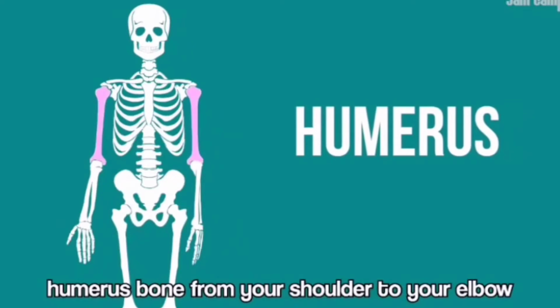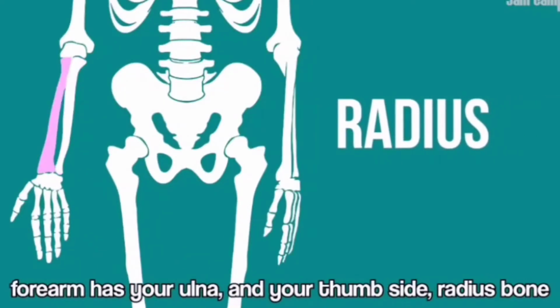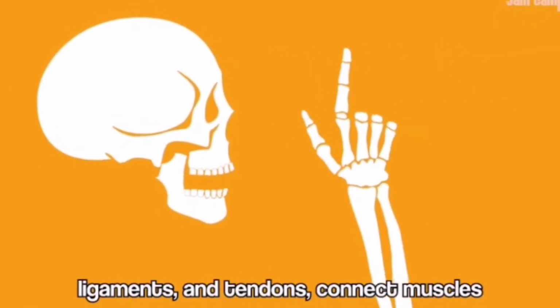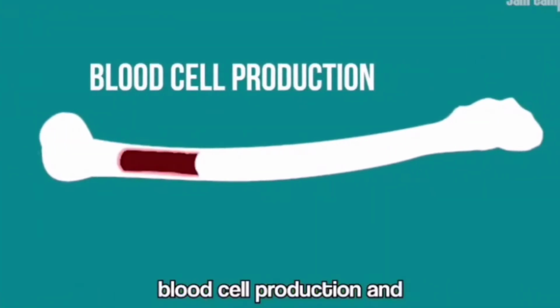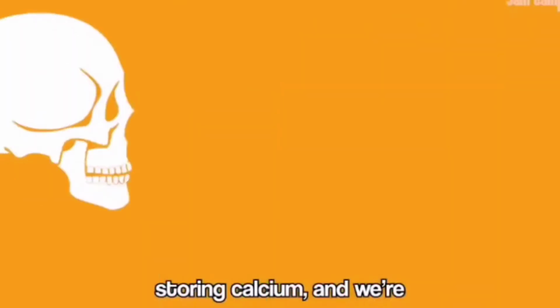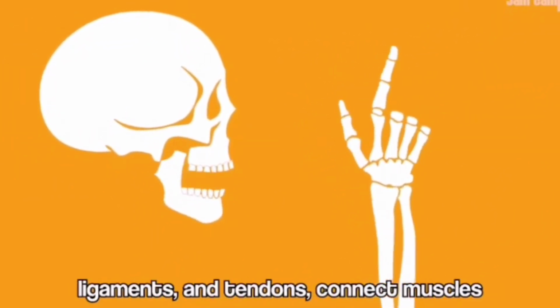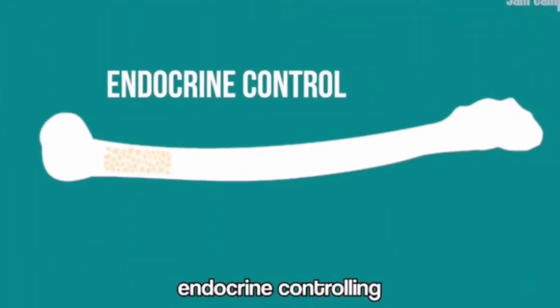Humerus bone from your shoulder to elbow. Your forearm is your ulna and radius bone. Vertebrates, skeletal bones. Ligaments and tendons connect muscles. Blood cell production and storing calcium. Endocrine controlling skeletal system.